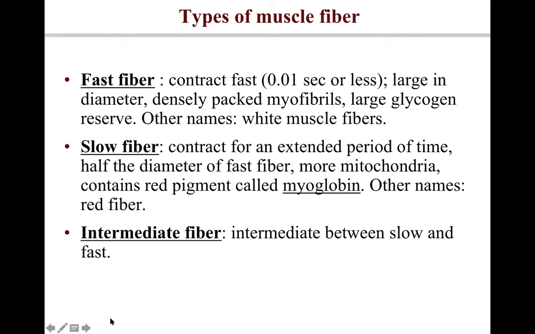Okay, so overall, this gives you an idea of the microscopic anatomy of the muscle, how the muscles are made, how muscle fibers are made, and then it gives you an understanding of the mechanism of muscle contraction and relaxation.